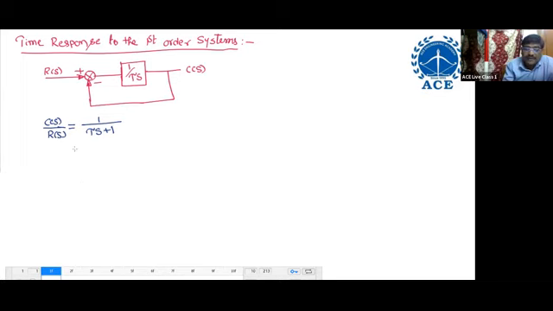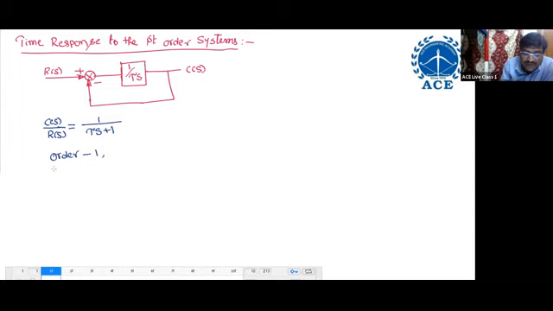Next. What is the order here? Order is 1. What is the type here? Type is defined only for the open loop transfer function.